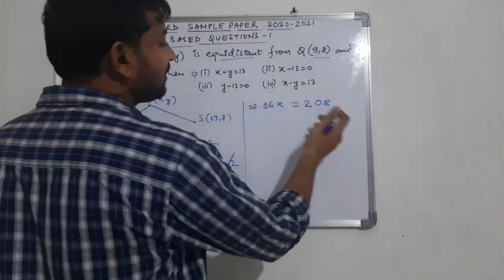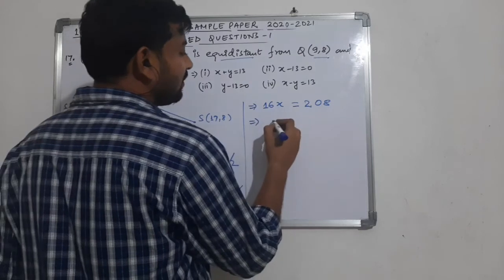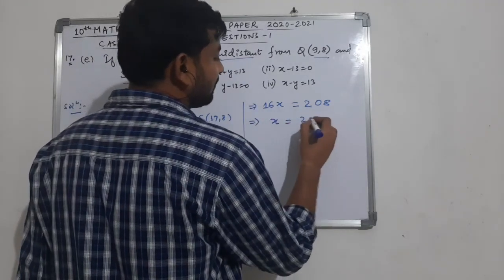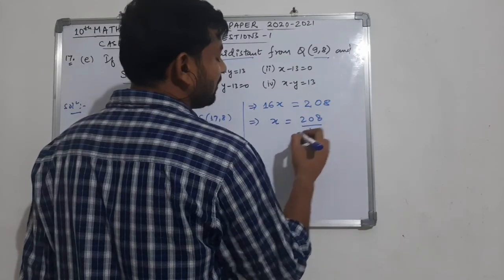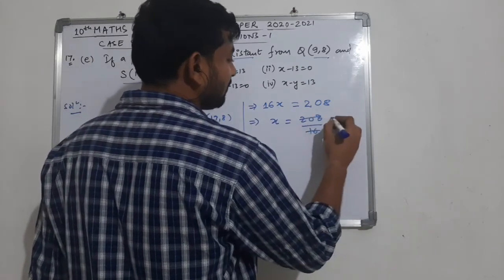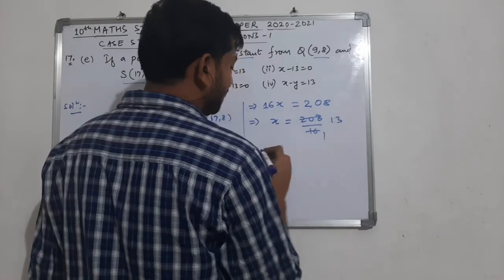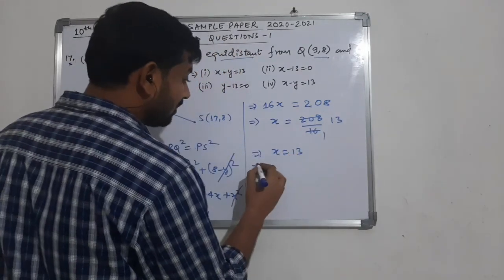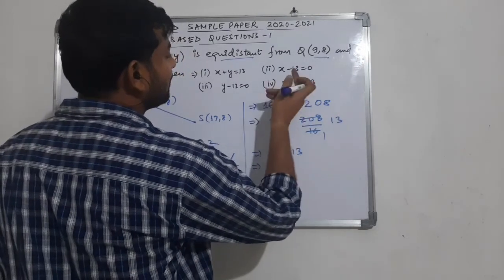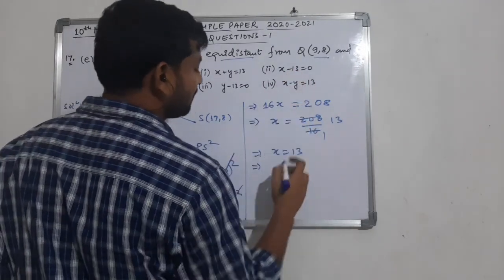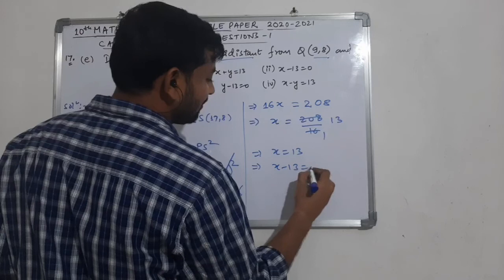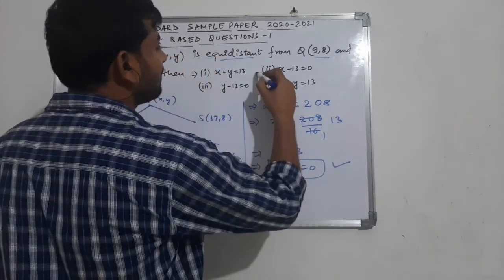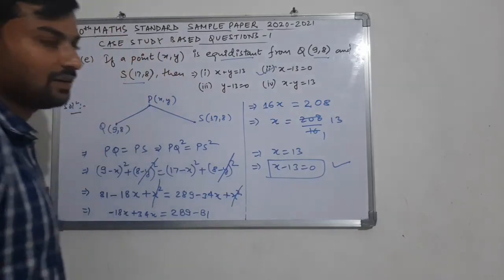We are getting 16x is equal to 208, and if we bring this 16 here, this will be in division. So when we divide this, we get x is equal to 13, and as the answer is given in another format, we have this answer as x minus 13 is equal to 0. So here clearly the second option is the correct answer.